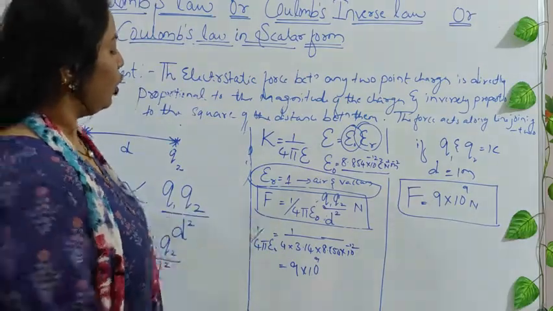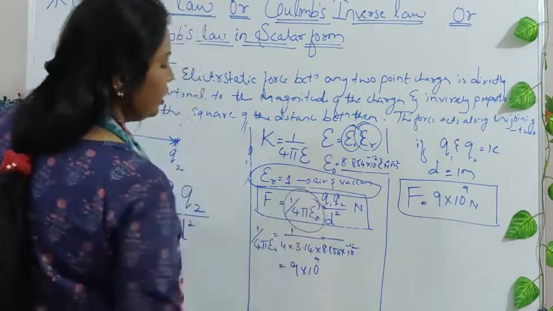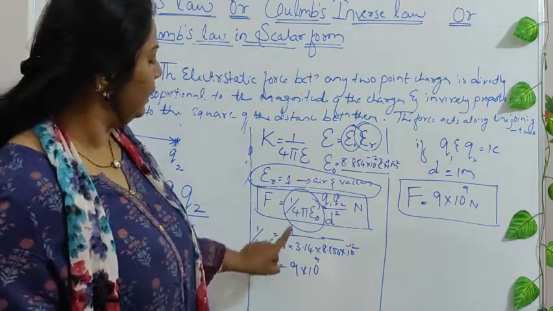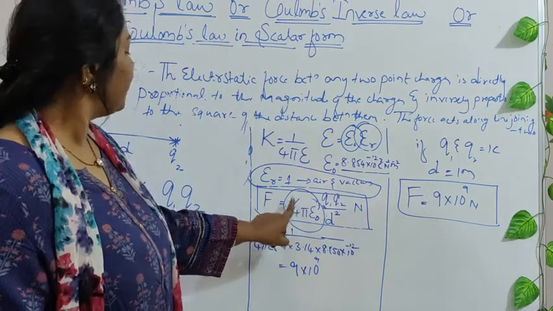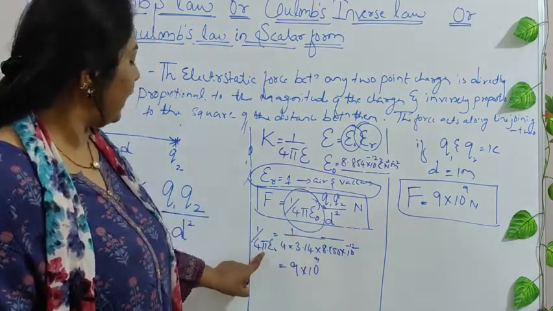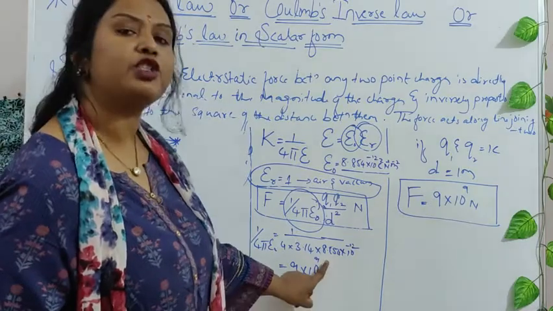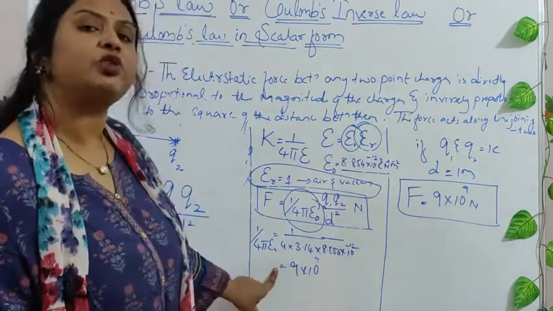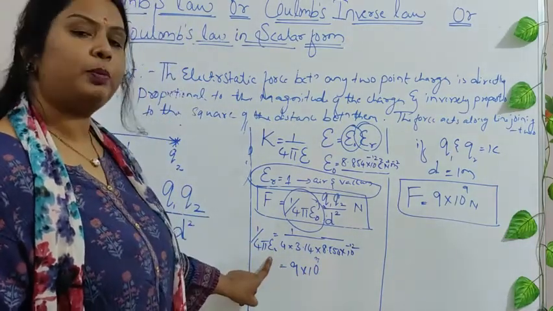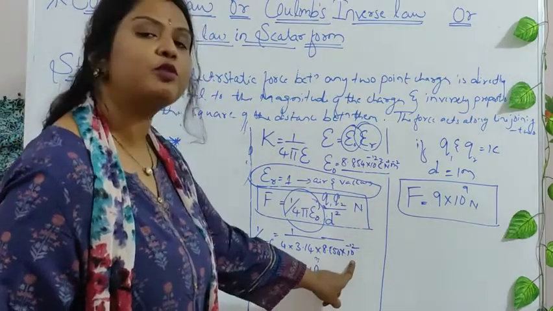If you want to simplify this equation further, you can put in all the values. 1 by 4 pi epsilon naught has the value 9 into 10 raised to 9. How is this 9 into 10 raised to 9 obtained? 1 divided by 4 pi epsilon naught, you write it in terms of values.